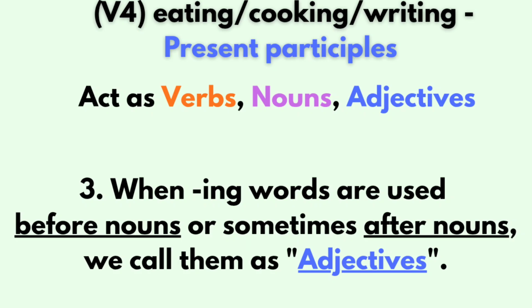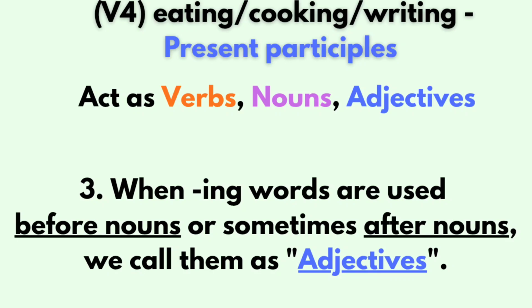Third definition. When ing words are used before nouns or sometimes after nouns, we call them adjectives. So we all know the definition of an adjective. An adjective describes nouns or pronouns in the sentence, right? In the same manner, present participles are used before nouns and after nouns, and we call them adjectives.